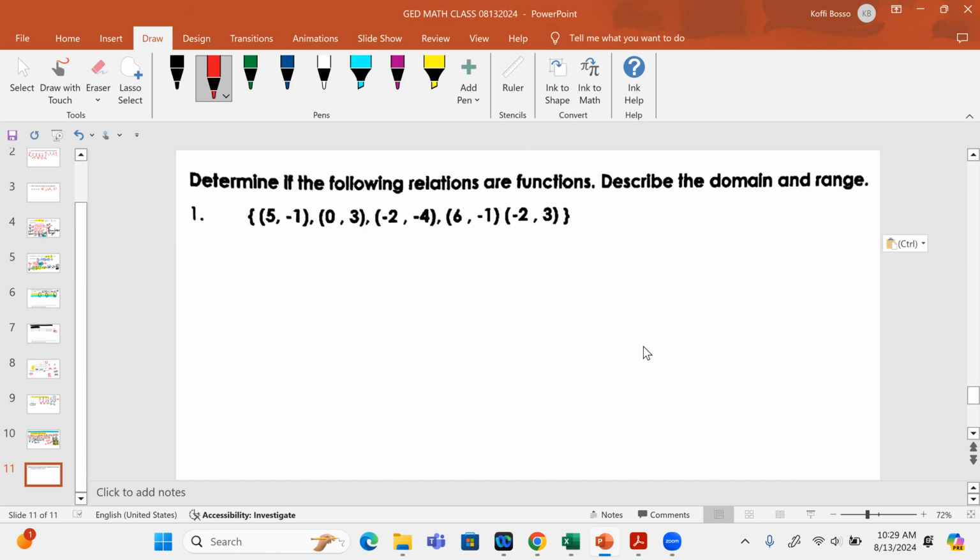Okay, so when they say domain here, we say input, and that input is the x value. So 5, 0, negative 2, 6. We don't repeat the value in the domain. So we have a negative 2 already, so we don't write negative 2 again. Now, what about the range?